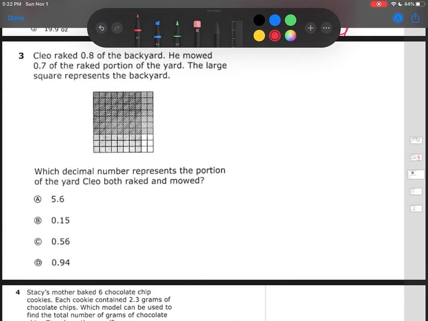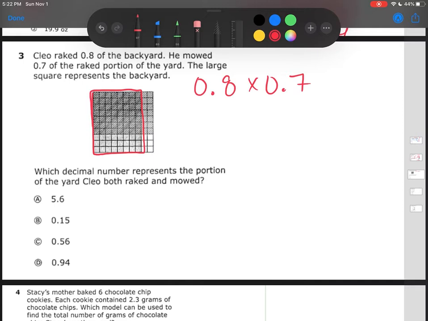All right, let's look at our next one. So here we've got our hundreds grid that we were doing on Friday, right? We have that Cleo raked 8 tenths of the backyard. He mowed 7 tenths of the raked portion of the yard. The large square represents the backyard. Which decimal number represents the portion of the yard Cleo both raked and mowed? So let's look at our model, right? Our model is basically showing us 8 tenths times 7 tenths.